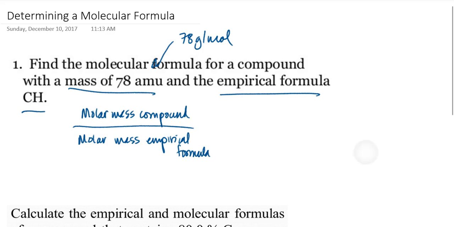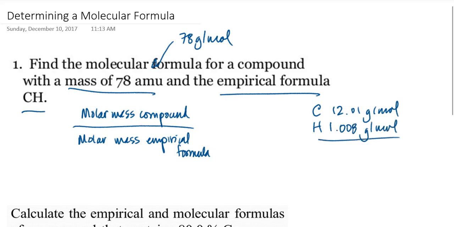And so if you recall, carbon's molar mass is 12.01 grams per mole. Hydrogen's molar mass is 1.008 grams per mole. So if I add this up, I get 13.018 grams per mole, or if I'm going to use 4 significant figures for this molar mass, that would be 13.02 grams per mole as my molar mass of CH.